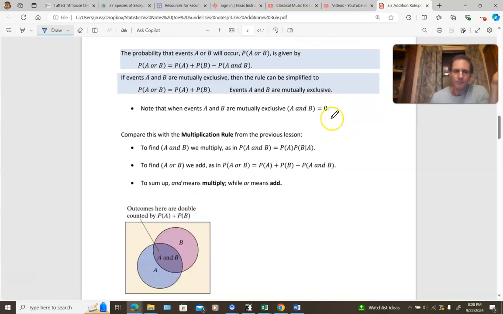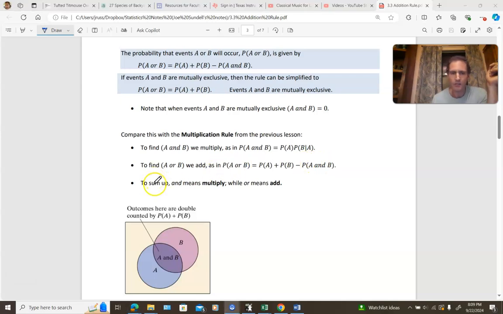All right, so think back to the multiplication rule, okay? To find A and B, we multiplied the probability of A times the probability of event B occurring given that event A occurred, okay? And if you remember, if those were independent events, meaning one event occurring had no influence on the outcome of a second event, then this simplified to just the probability of A times the probability of B, okay? Now we want to find the probability of A or B, then we add the probabilities and subtract the intersection.